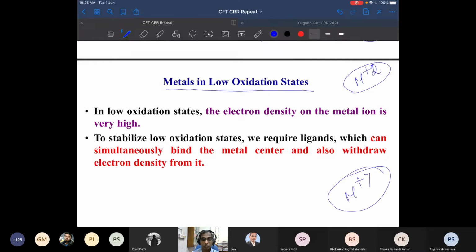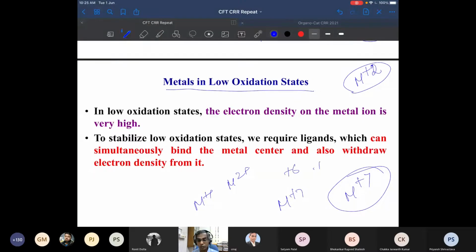In coordination chemistry as well as in organic chemistry, these two are extremes. Stabilizing these two metal centers is a formidable job. Unless you bring some kind of ligand, you will not be able to stabilize a metal in the plus 2 or M plus 1 state, and the same way M plus 7, plus 6 or plus 8, whatever it may be.